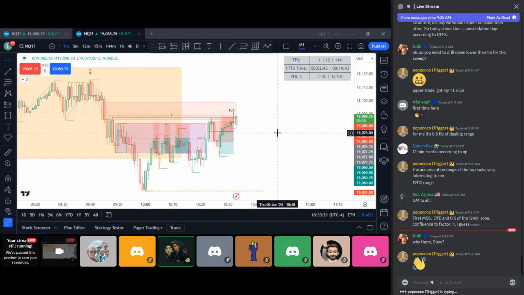Even better if it goes up and takes liquidity again, then it's less likely to fail. This is sort of the inducement, or the little Judas, before the actual move down.